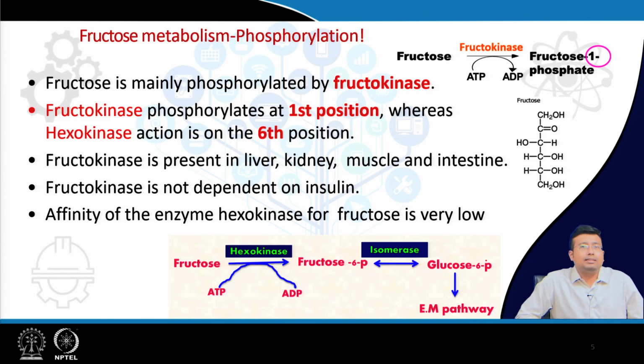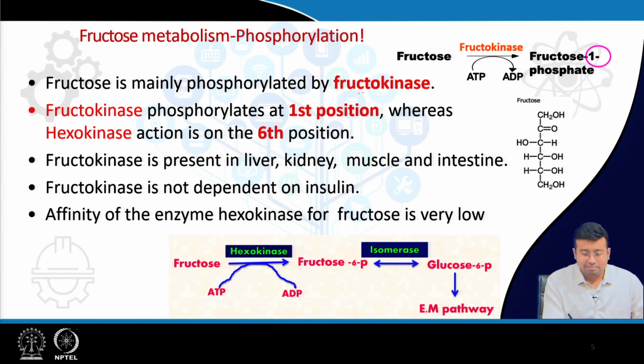So, first things first, the phosphorylation of fructose. This is the first step in fructose metabolism. Fructose can be phosphorylated in two ways. In the last class you learnt about the enzyme galactokinase that was converting galactose to, you must be knowing, it is for you to answer.